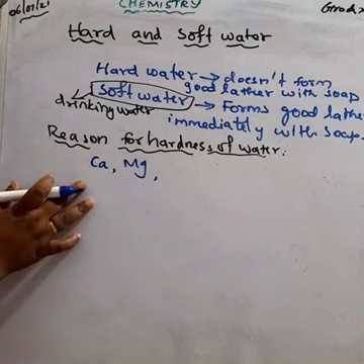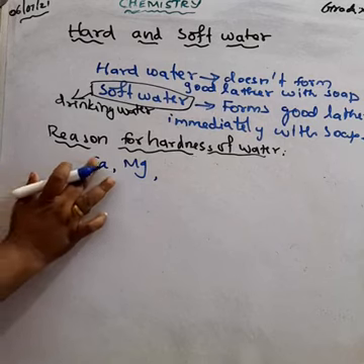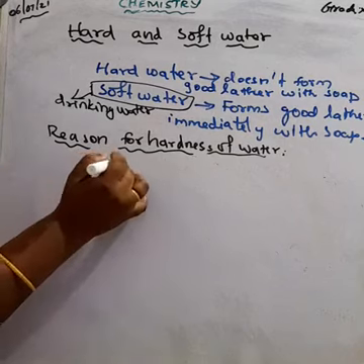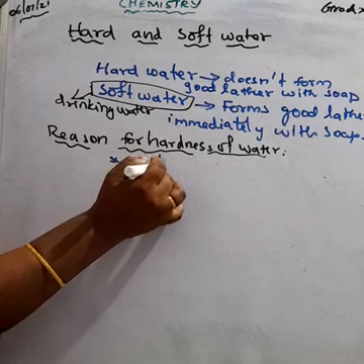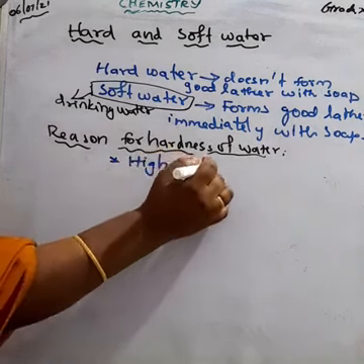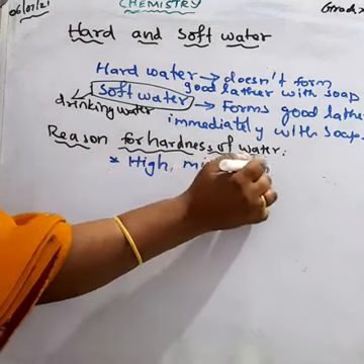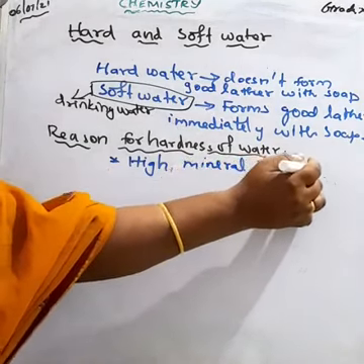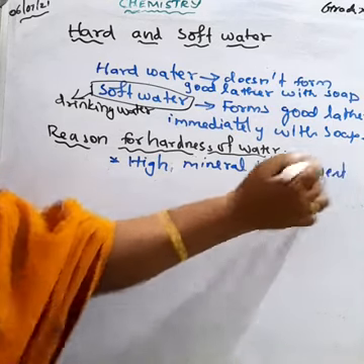So the reason for the hardness of the water is the high amount of mineral ions present in water. These ions are soluble in water, and we cannot easily separate these ions present in water.